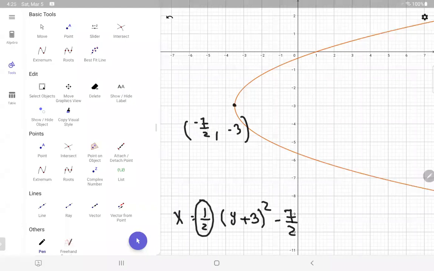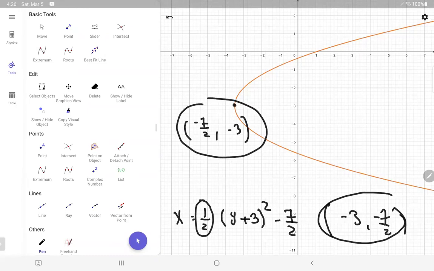If you close your eyes and you immediately told me, oh, what we did is -3, -7 over 2, this is because you think about y equals, but this is x equals. Look at the difference if you close your eyes. It's just the opposite.